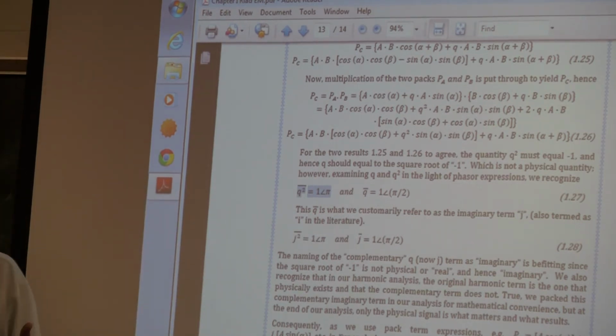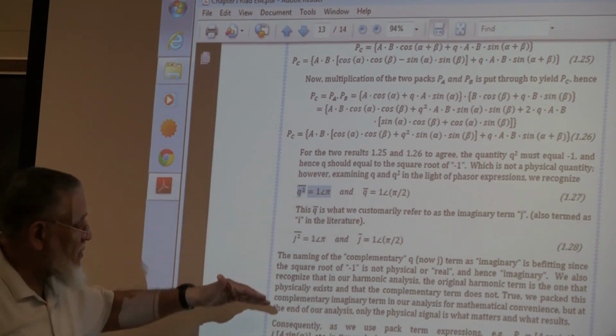Based on that, we see that the presence of this j is a mathematical convenience that enabled us to combine the whole picture without any additional information and without distorting the mathematical processes.